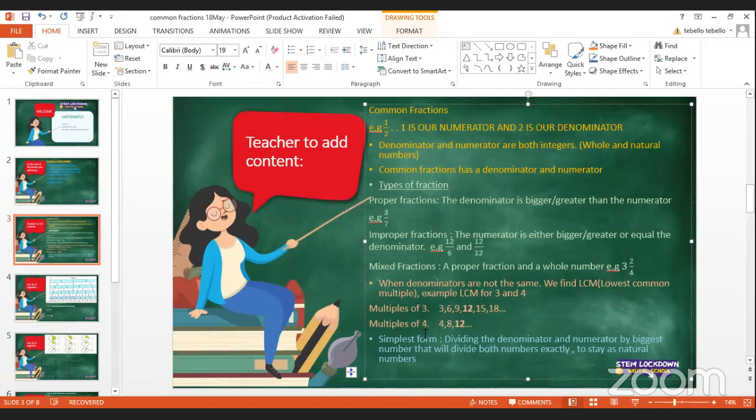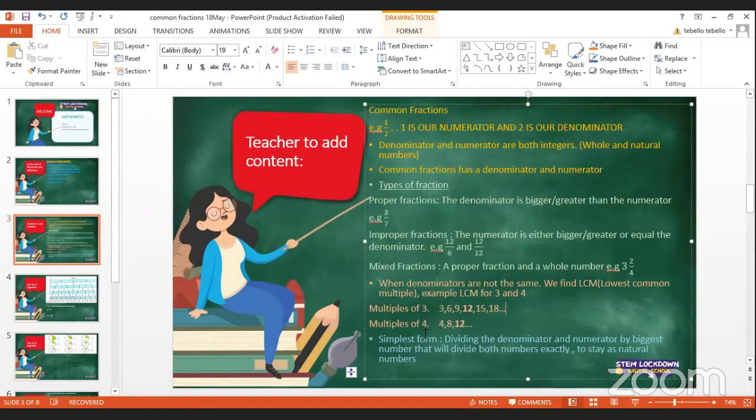How do you find the simplest form? To find your simplest form, divide the numerator and denominator by the biggest number that will divide both numbers exactly to stay as natural numbers, meaning that you will divide your denominator and your numerator by a number that won't leave anything behind.